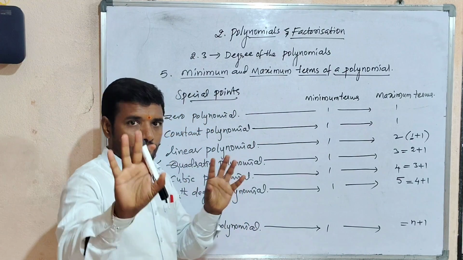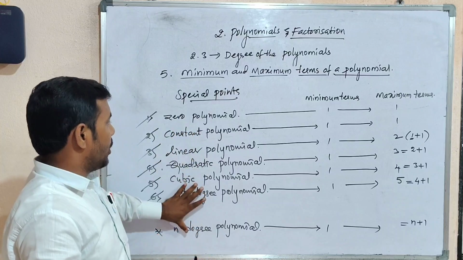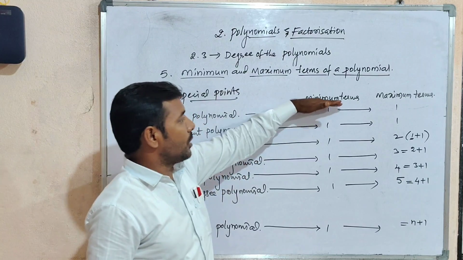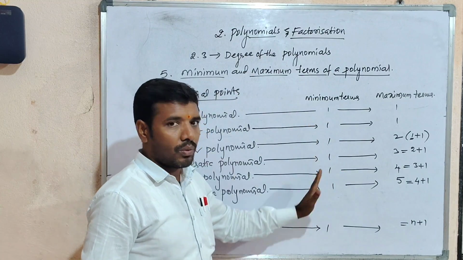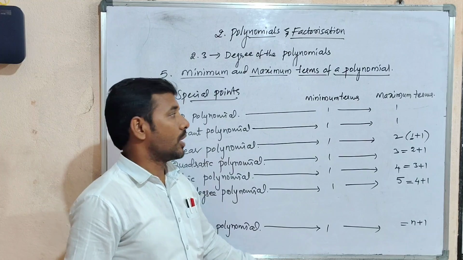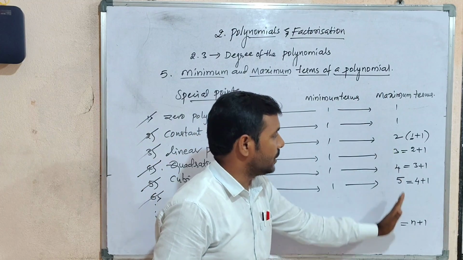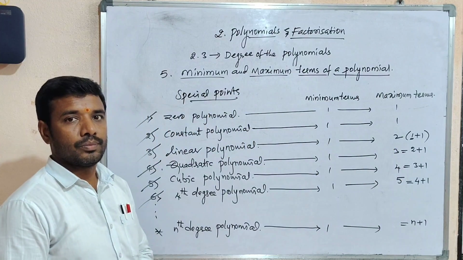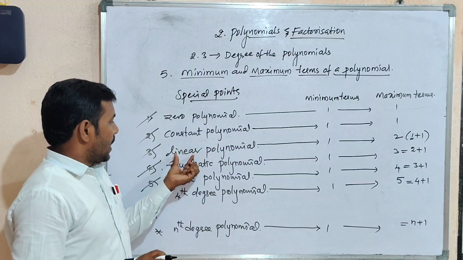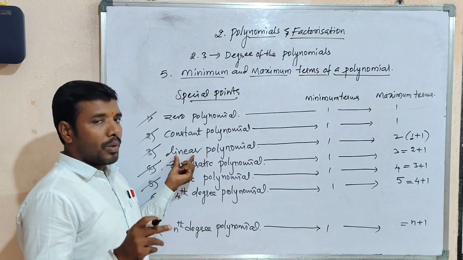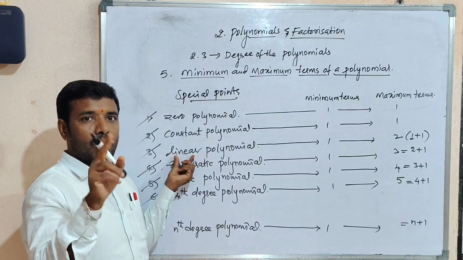So, carefully observe. Every polynomial, whatever the polynomial, minimum terms is always permanent, that is 1. But the maximum terms are changing, you know. Now tell me, maximum terms in the linear polynomial, its degree 1 plus 1, 2, right?